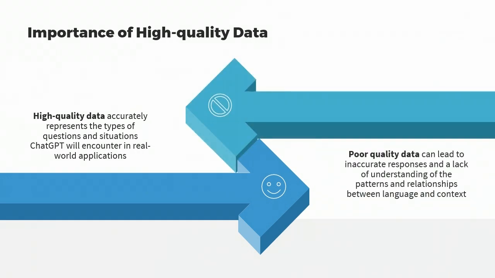In contrast, poor quality data can lead to inaccurate responses and a lack of understanding of the patterns and relationships between language and context. Poor quality data may be incomplete, biased, or limited, which can lead to the model making incorrect assumptions or not recognizing certain patterns or relationships.